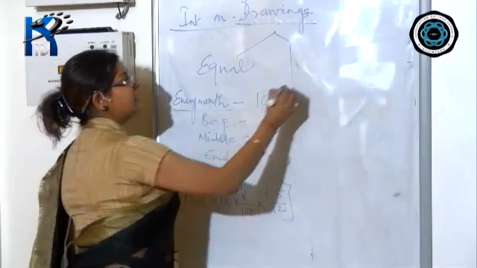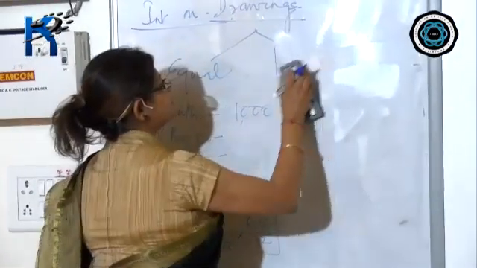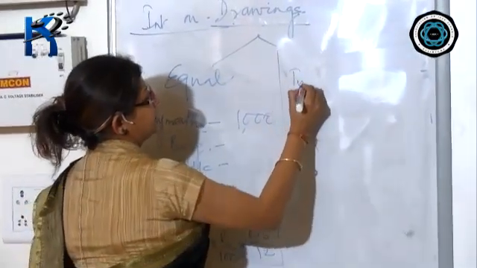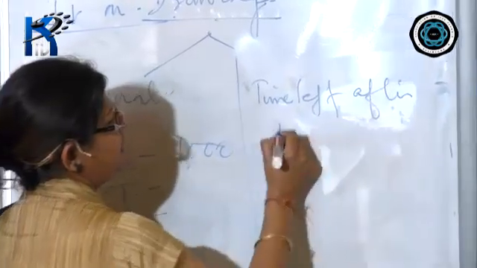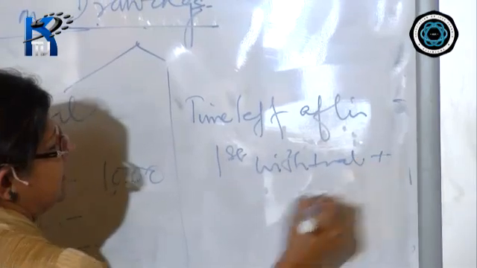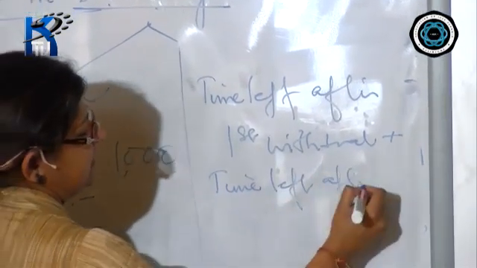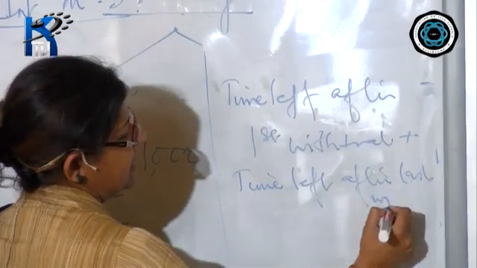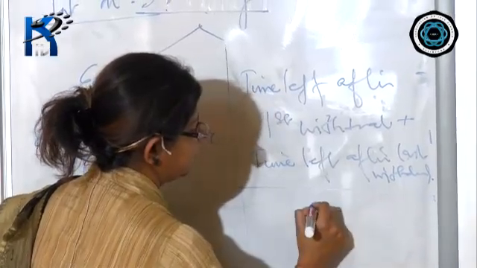There is a simple formula which says: time left after the first withdrawal plus time left after the last withdrawal, and you take the average. We have to divide this by 2.